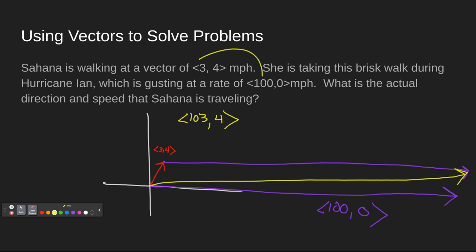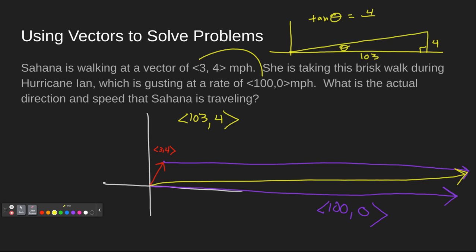To do that, we're going to need to use trig. Just think about this triangle. This is 103. This is a right angle. This is 4. So we're going to do tangent of theta is 4 over 103.